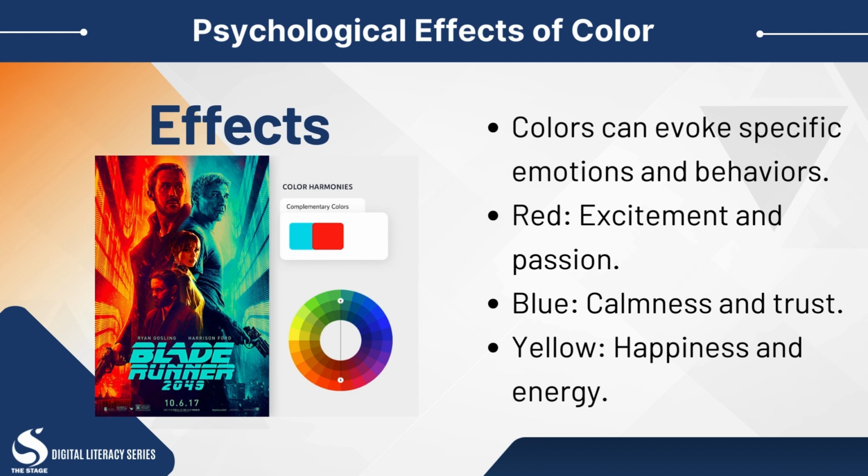So if we want to understand these effects, that will help us to make more informed choices about our color mixes, about how we choose to set up our color palette for our design, and make sure that it aligns with our intended message for our short films.